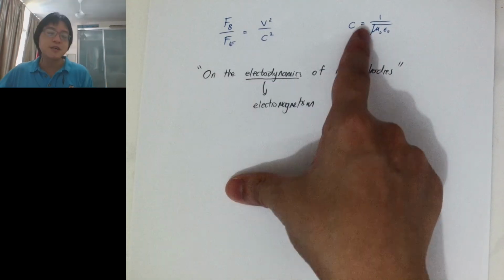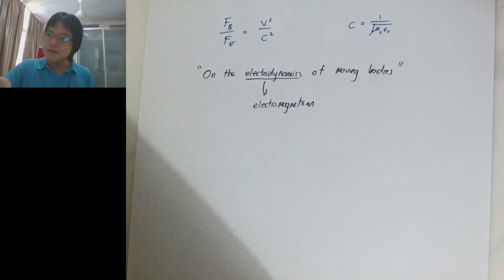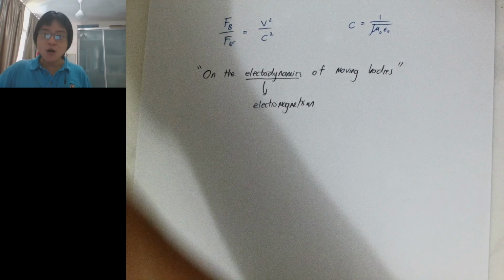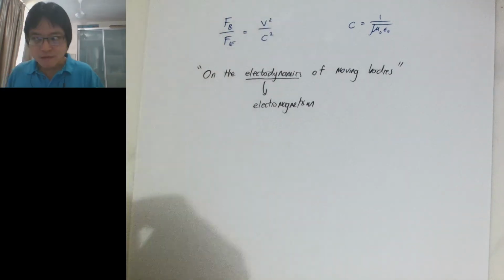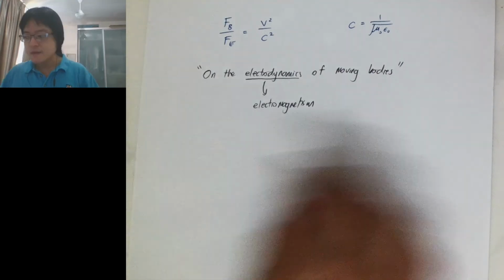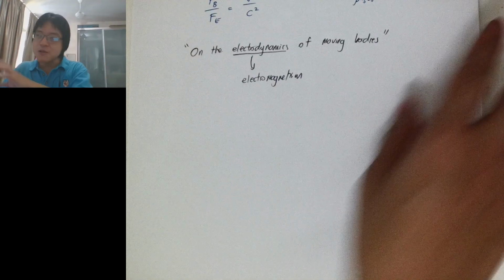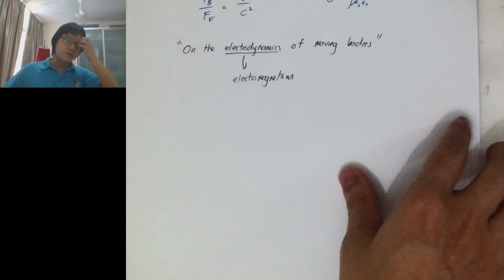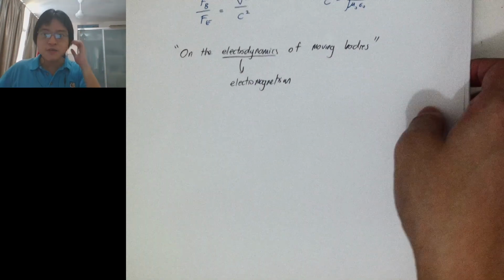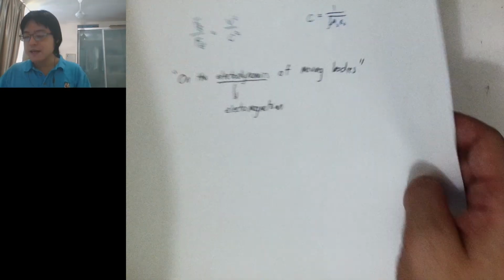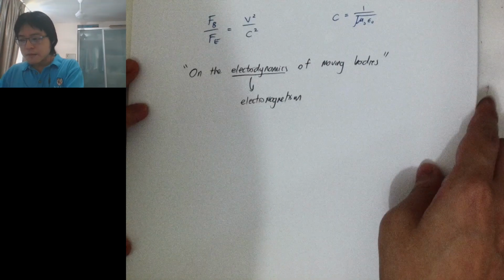That is how Einstein discovered special relativity. He asked why electromagnetism is so consistent, more consistent compared to Newton's law, respecting the speed of light and all these kinds of things. From there he discovered this, and then we went back to modify Newton's law, and now we realize Newton's law is only true for velocities much slower than the speed of light.